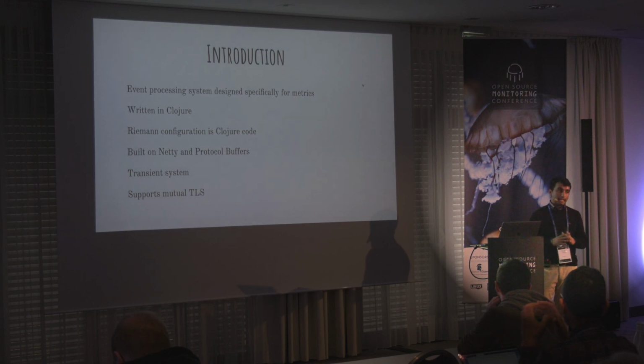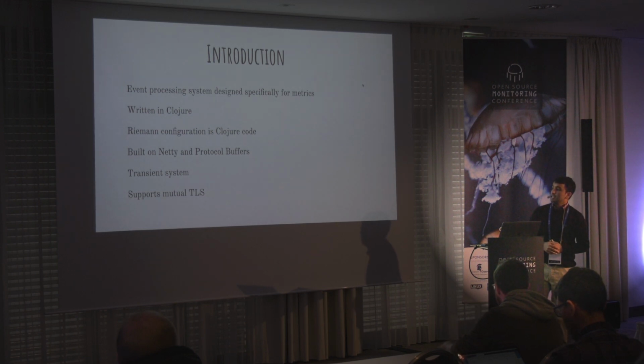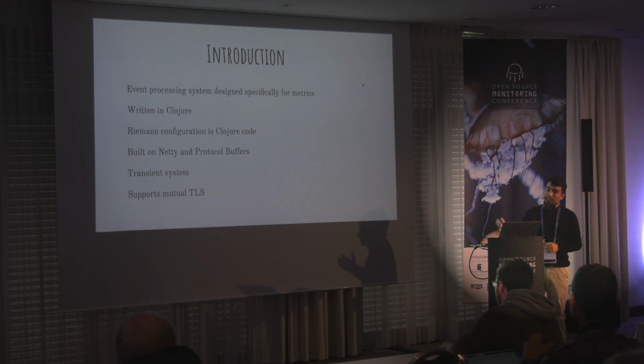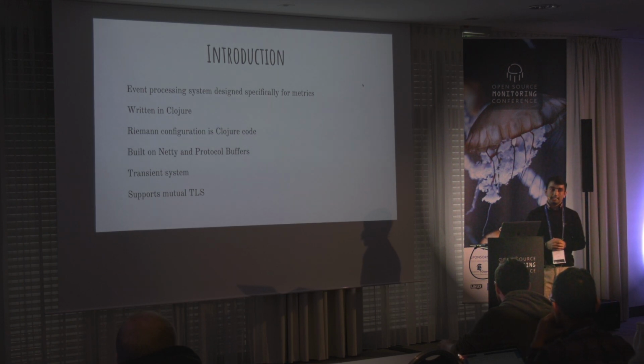So if you need any kind of persistence, you need to use third-party time series databases like InfluxDB, OpenTSDB, Graphite, or anything you can think of. It's very simple to add support for any of the third-party databases. It has very good support for mutual TLS. Mutual TLS is basically using the same certificate-based authentication mechanism between server and client.